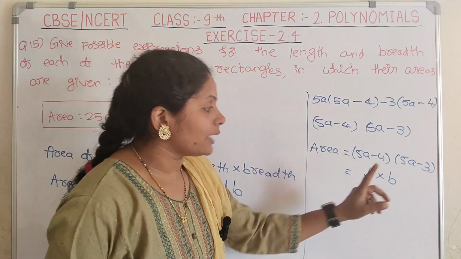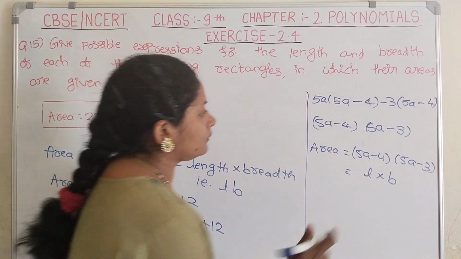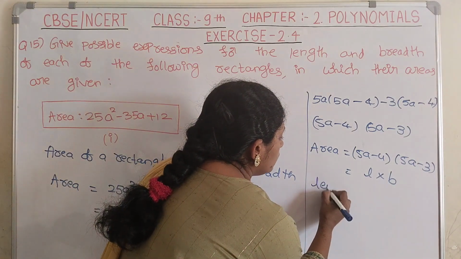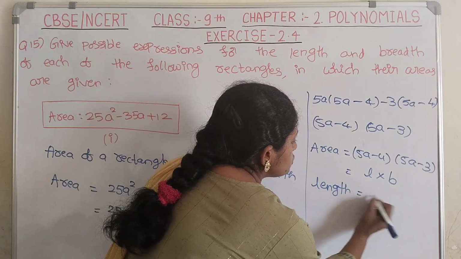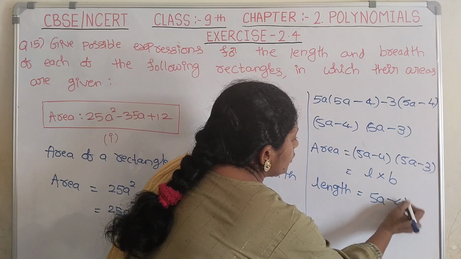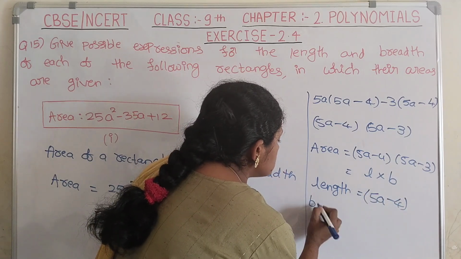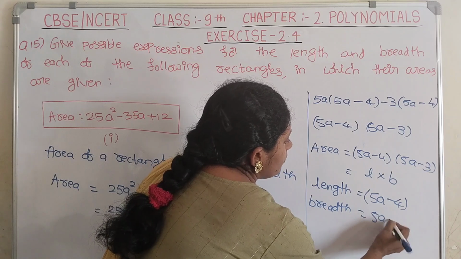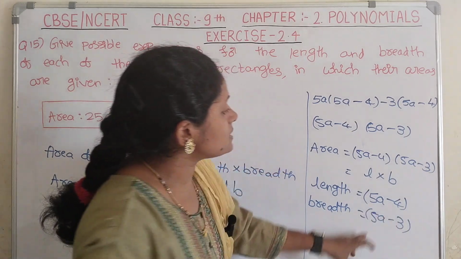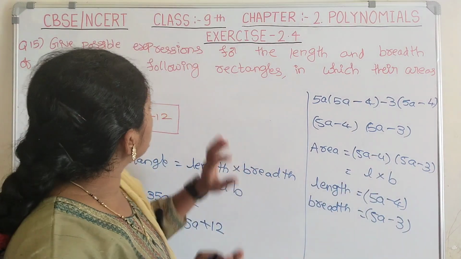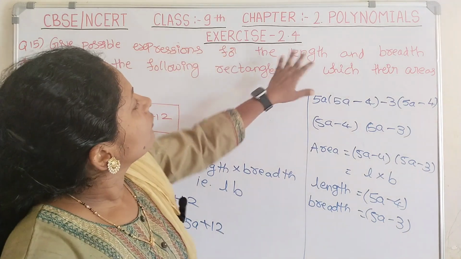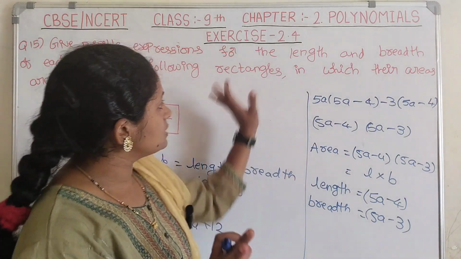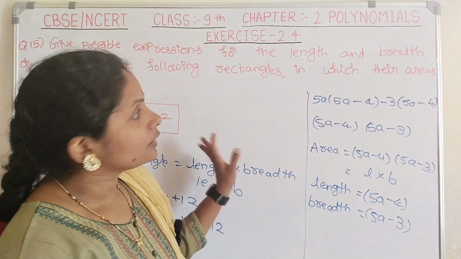One will be the length and the other will be the breadth. Length equals 5a minus 4 and breadth equals 5a minus 3. These are the expressions that we got for the length and the breadth. This is only asked in the question.